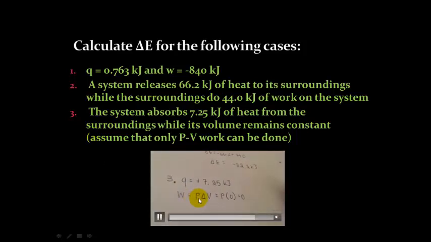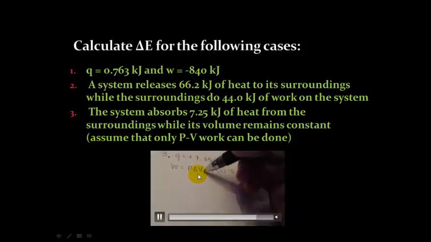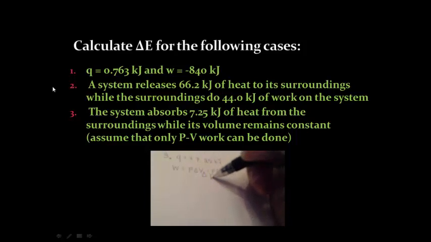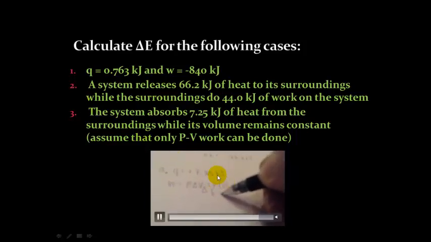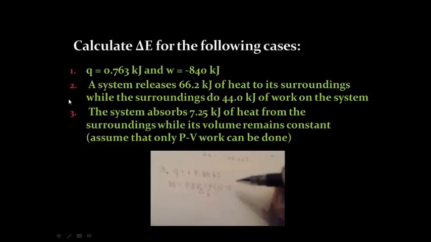So work, remember, is equal to negative pressure times the change in volume. Well, if the volume is not changing, that equals 0, so the work is just equal to 0. So when we plug in for delta E, we get 7.25 kilojoules plus 0, and so our total change in energy is just going to be 7.25 kilojoules.